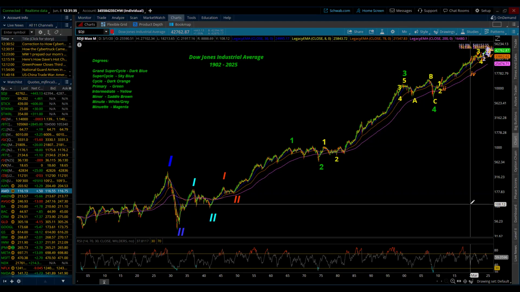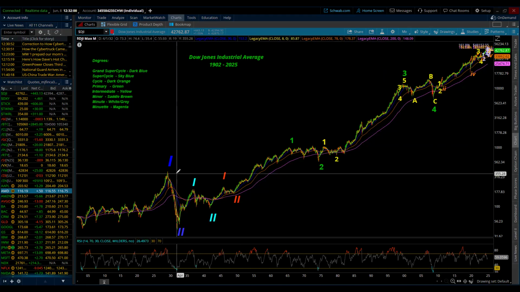I have enough data where I can go back and begin with the grand supercycle, the largest degree that Elliott recorded and started from, and where I also start my long-term counts. So, starting there, we have finished the grand supercycle wave one in 1929.